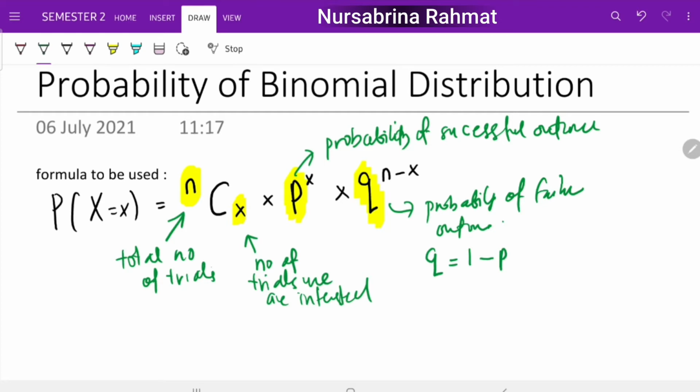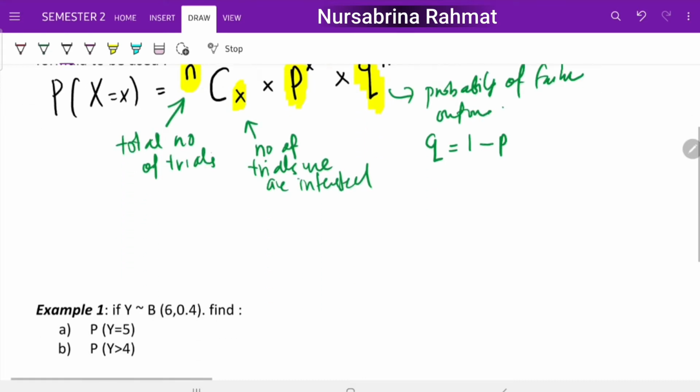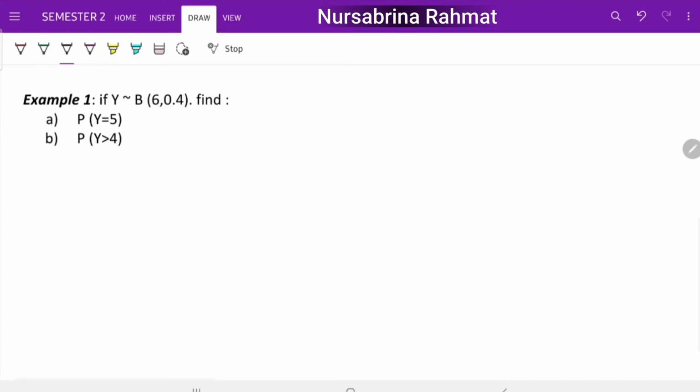Let's look at an example on how to apply this formula. Normally a binomial distribution will be written this way: Y, and then b here refers to the binomial distribution.